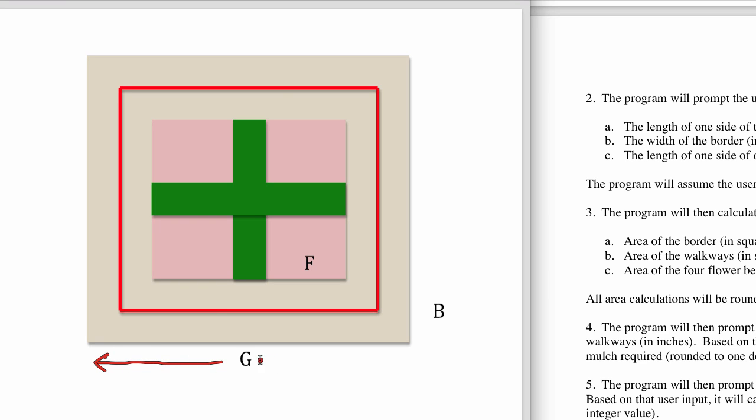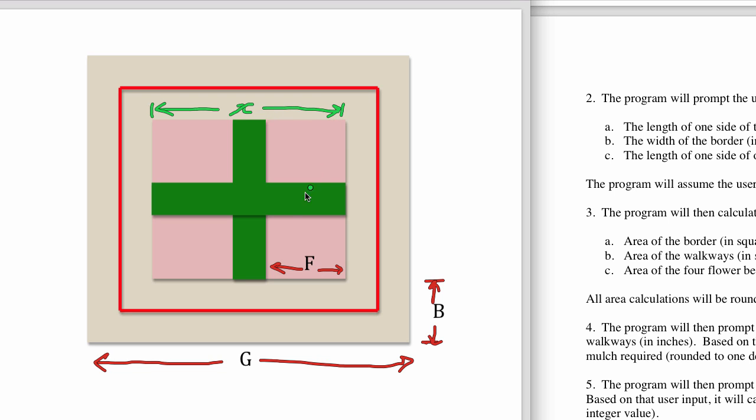There's the length of the side of the garden, G, the width of the outside area, I'll call that B, that's the border area, and then the side of a flower bed in there. So those are the three things that are input. Now, if you think about it, you really are looking for this distance here. I'll call it x.